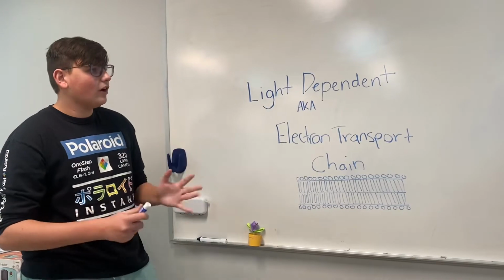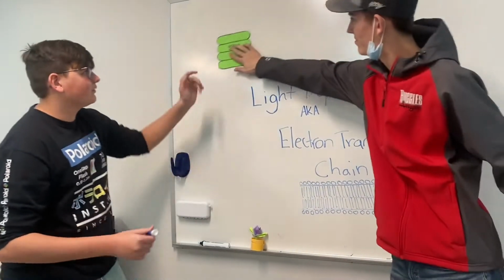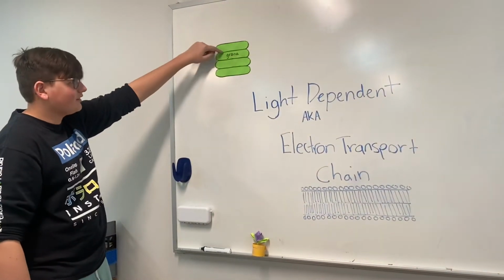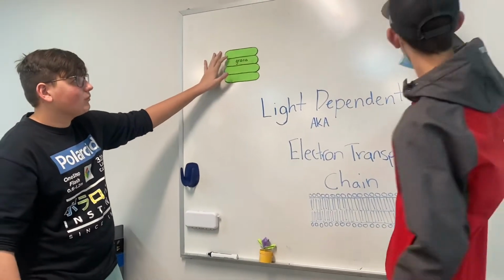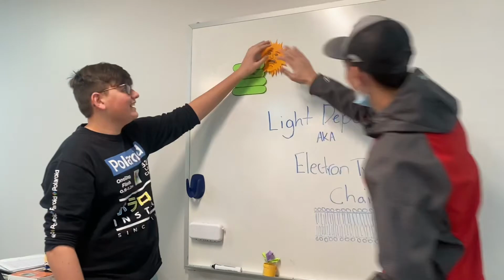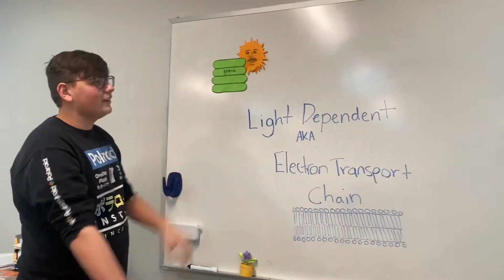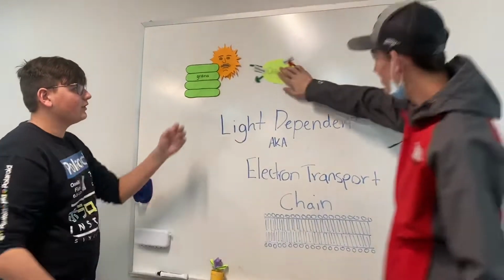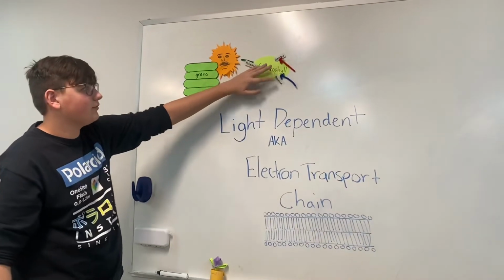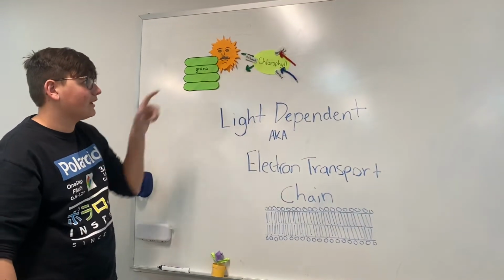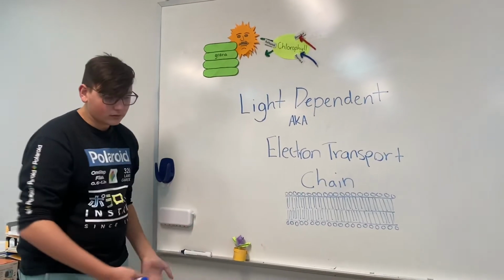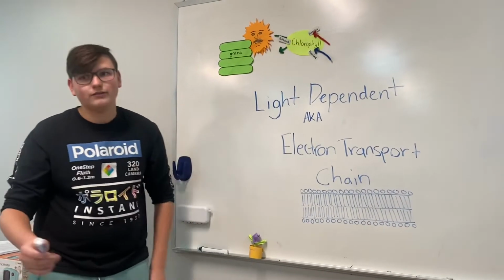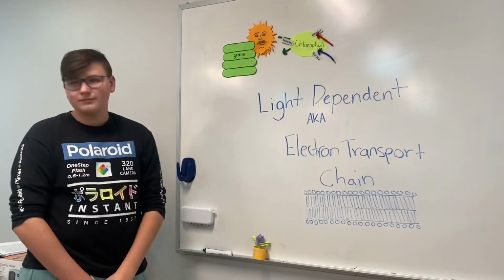So there's photosystems in the thylakoids, which make up grana, and which take in energy from the sun and absorb red and blue light in the chlorophyll, and reflect green light, which is what creates the green color of plants.